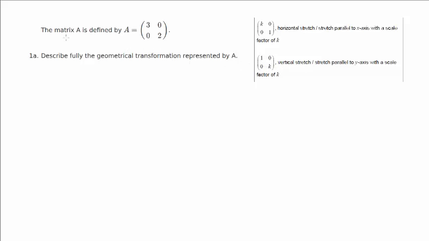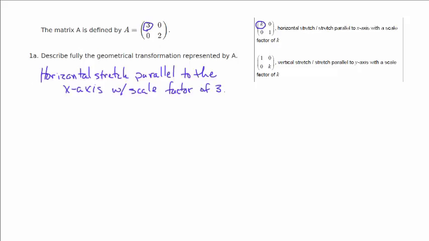Our matrix here fits this image in the fact that over here in the corner, where we have K, we have 3. That essentially answers the question. The first transformation that this matrix makes is a horizontal stretch parallel to the x-axis with a scale factor of 3.